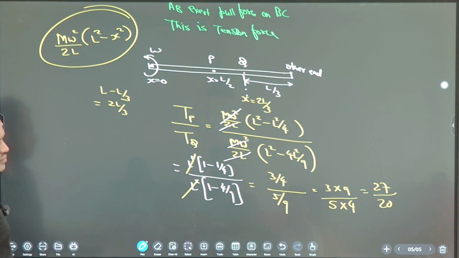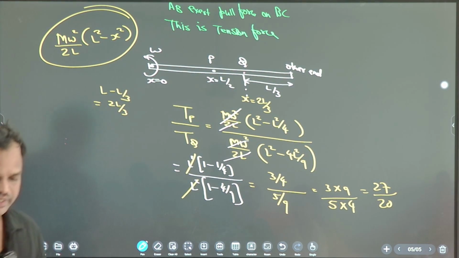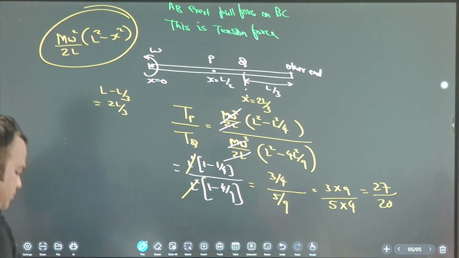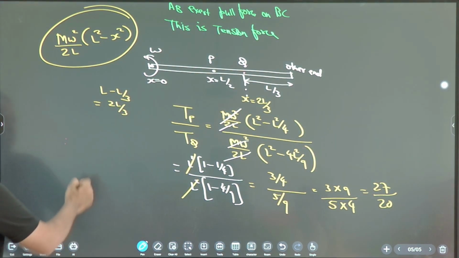So note down. Give me the book. We'll see one question like this. Any question? This is a rotating rod. What is the topic?